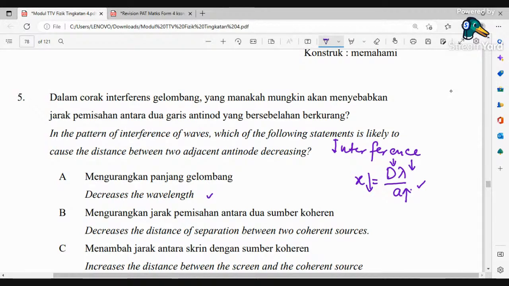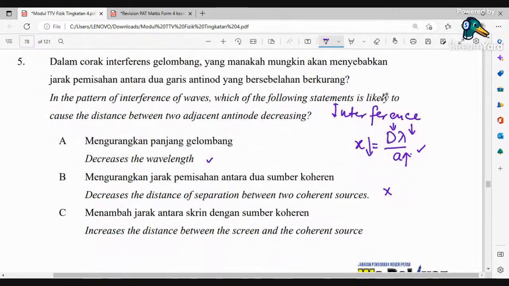Decrease distance of separation? No, you should increase it. Increase the distance between screen and coherent sources? No, you should decrease it because you want to decrease x. Okay, so the best one is A. The correct one is A.